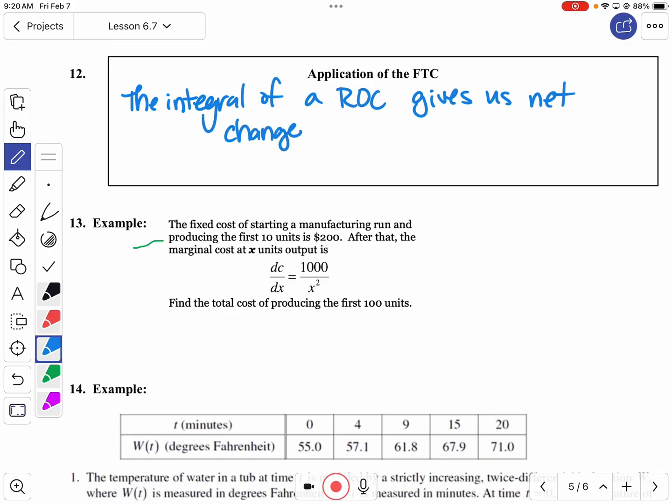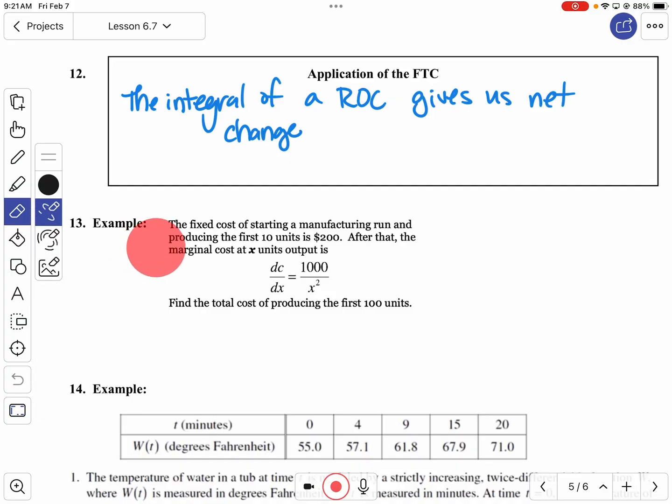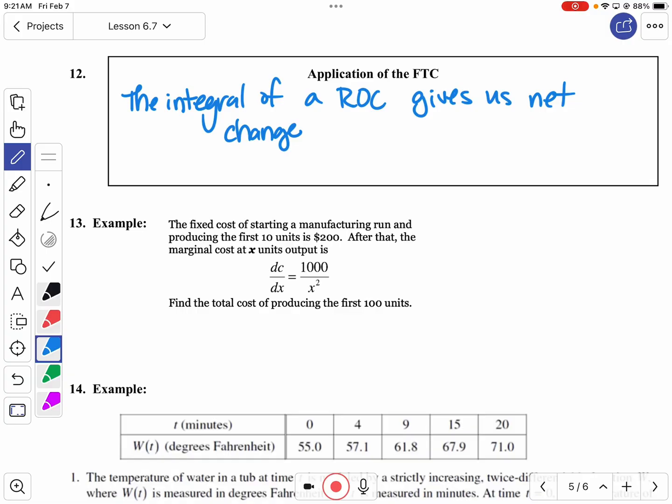So the integral of a rate of change will give us net change. How much did something change over the course of what we were doing? The good news is for a lot of these problems, we get to use a calculator. Some we don't, but for some we do. All right, so let's look at this one.